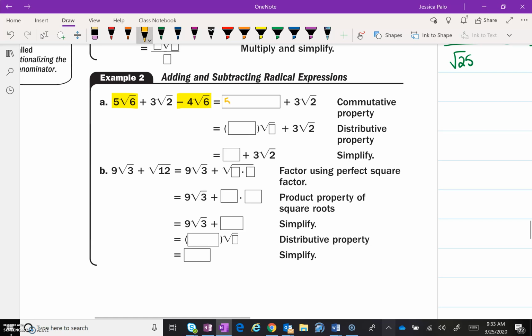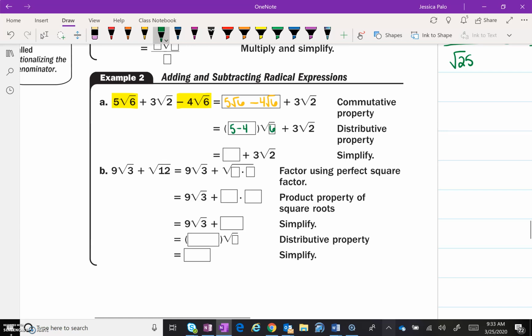So we have 5 radical 6 minus 4 radical 6 plus 3 radical 2, which doesn't have any like terms. 5 radical 6 minus 4 radical 6, we would do 5 minus 4 times radical 6. It's just like a variable.